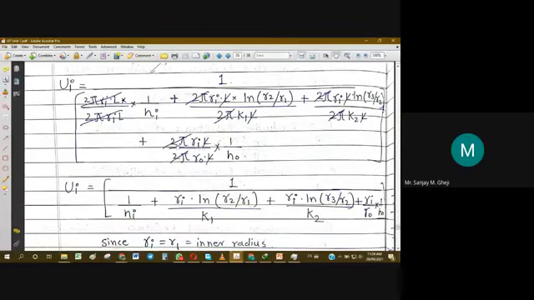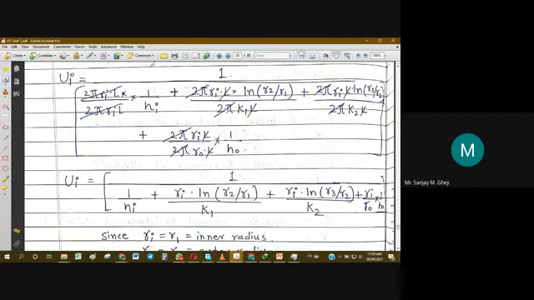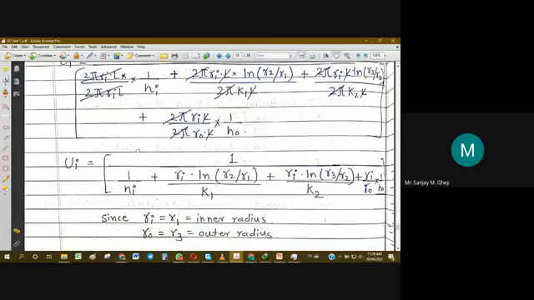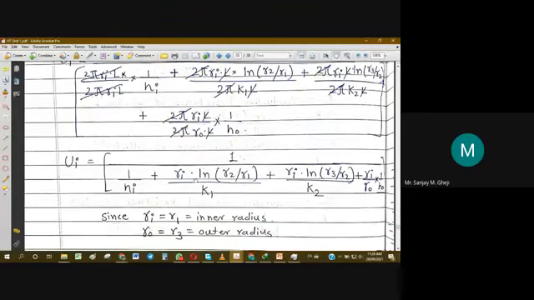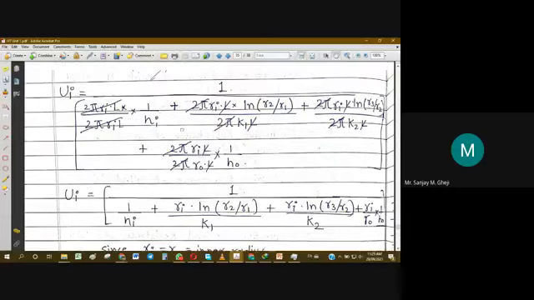And the last term is 2 pi RIL into 1 upon HO into 2 pi ROL. Again 2 pi L gets cancelled. Then after cancelling out all the common terms, whatever is left is written again. So UI is equal to 1 upon, and this entire operation is happening in the denominator. That is why a big bracket is put here.